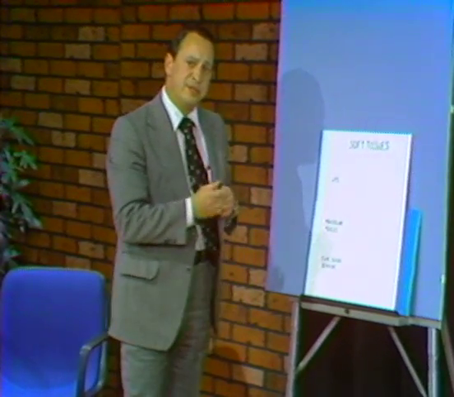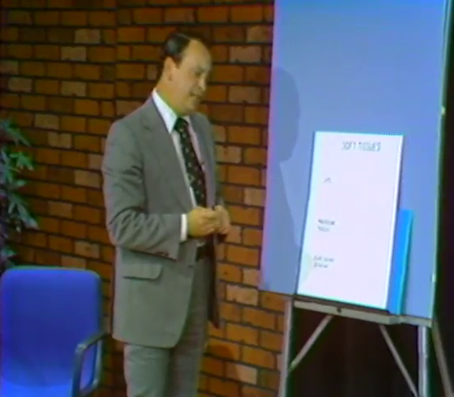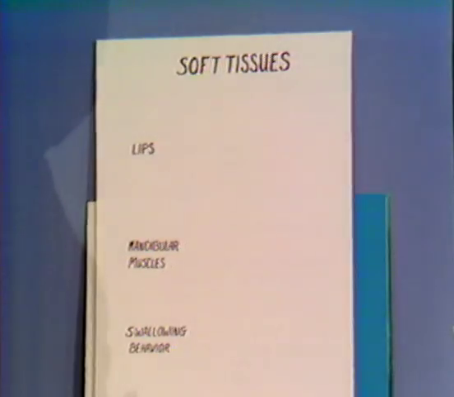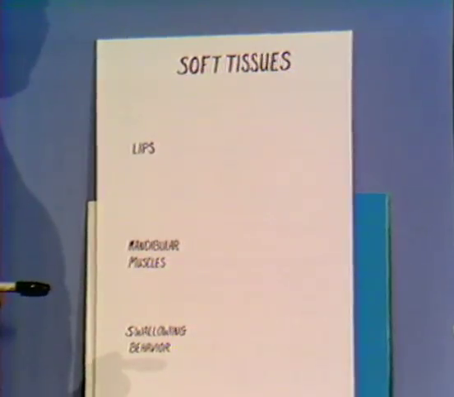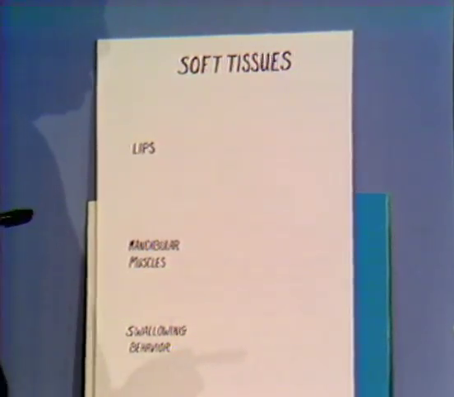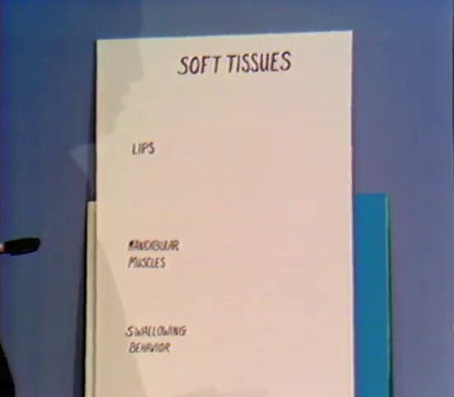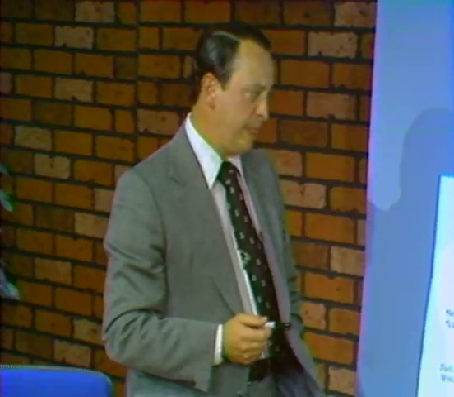Now, by soft tissues, I mean lips, the mandibular musculature, and something about the behavior of these muscles. This is by no means a total picture, but it is about all we can see clinically, and I think it's what covers the salient features which we have to consider in the examination of a patient.